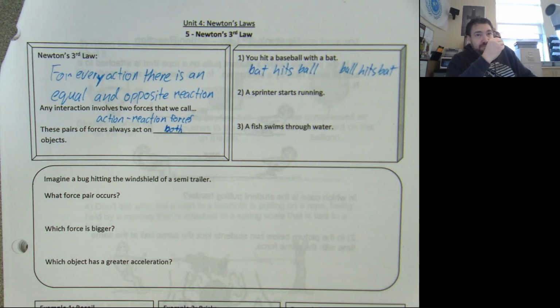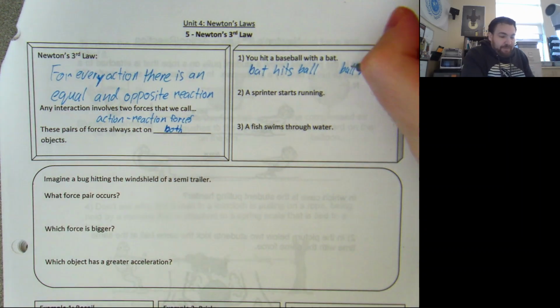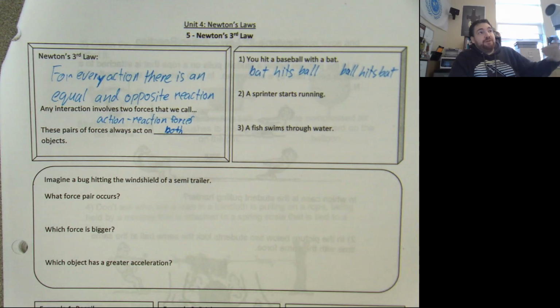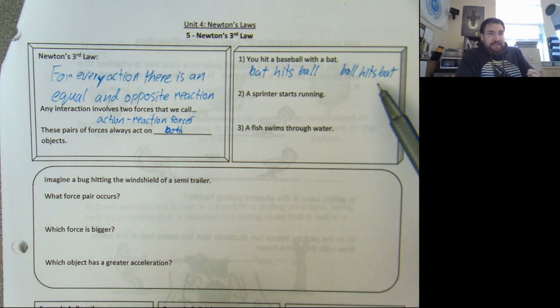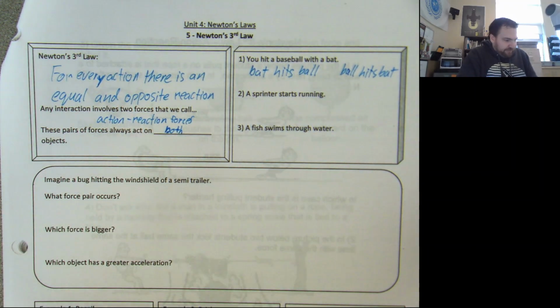Another way to experience it: if you've experienced it with a pretty effective pitcher, the ball's probably moving fairly quickly. You'll feel the bat vibrate in your hands. It actually hurts. If you're not holding onto the bat properly, it's going to vibrate in your hands. That's why batters wear gloves. That's why, learning how to hit, it's important to hold the bat tightly, because it's not just you hitting the ball, it's the ball hitting the bat. That happens together.